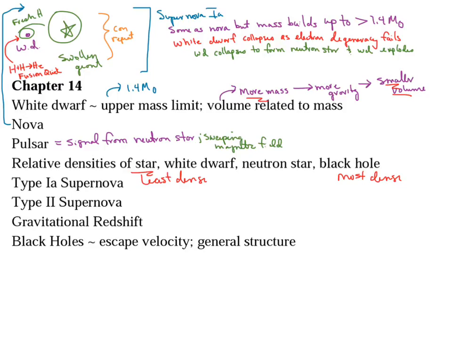The white dwarf collapses in on its weight because electron degeneracy can't support it anymore. So it turns into a neutron star, and it's that collapse, like the collapse at the end of a massive star as it ends its life. It's that collapse and a kind of rebound, and it blows up, and I'm thinking it then leaves a neutron star in its wake. Not sure. A type 2 supernova would be the normal massive star blowing up. Remember, we said that would be 8 solar masses or greater.